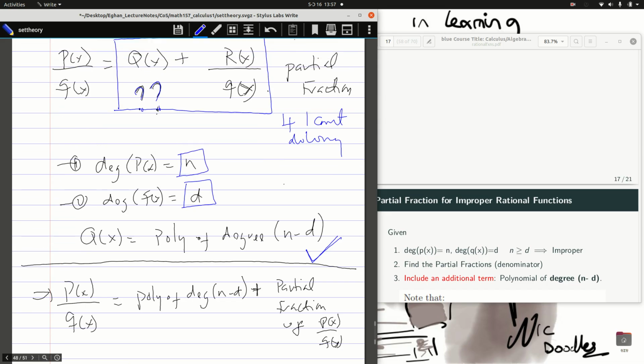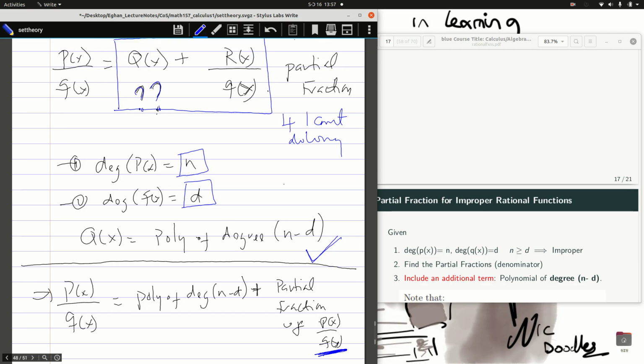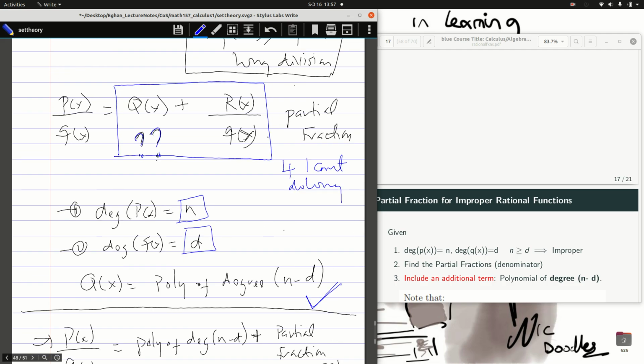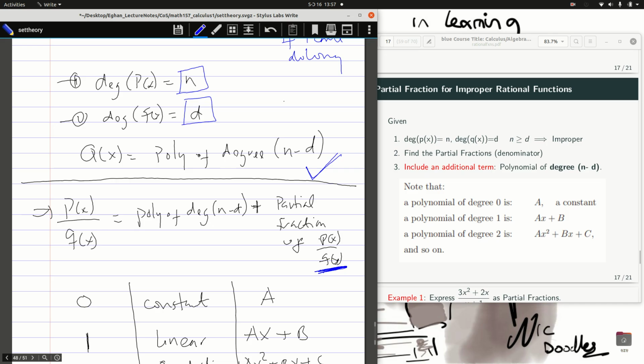And then your r(x) over q(x) becomes just a partial fraction with respect to a denominator, as simple as that. So this is of interest. This is what we must find if the long division approach might not be so simple to do. It is a polynomial of degree n minus d. Now check slide 17.